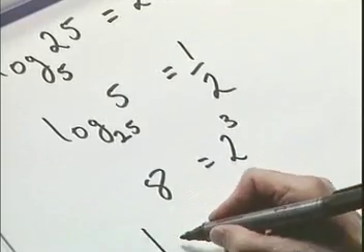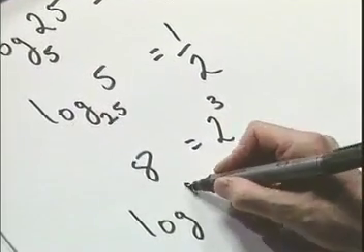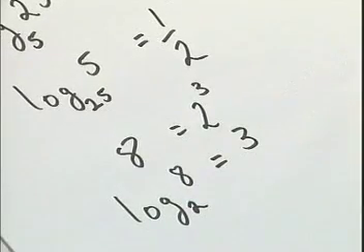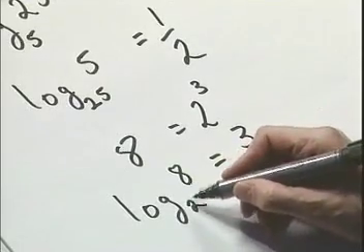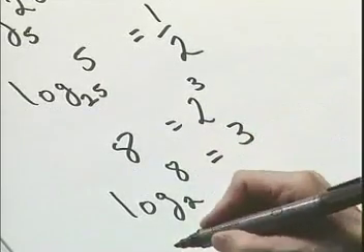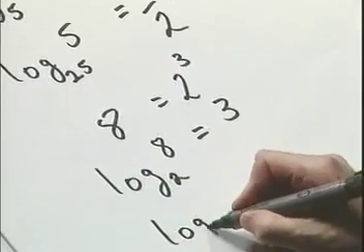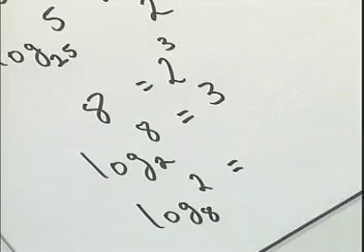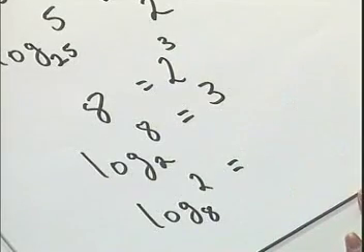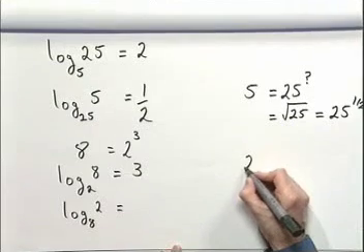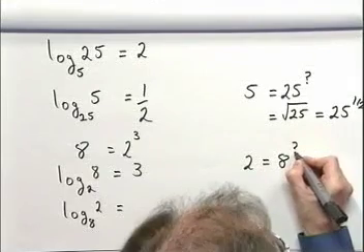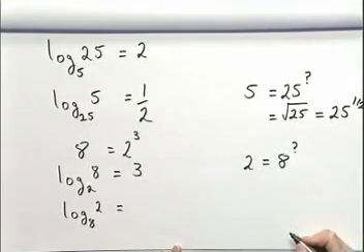And of course that means that the log of 8 to base 2 is 3. But what if we interchange the number with the base? So we ask ourselves, what's the log of 2 to the base 8? And that's the equivalent of saying to ourselves, how can I write 2 as a power of 8? What's that index?